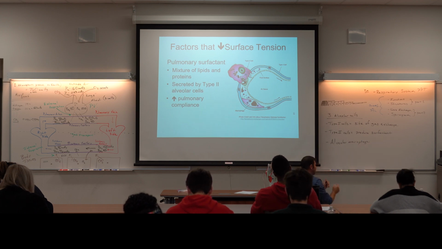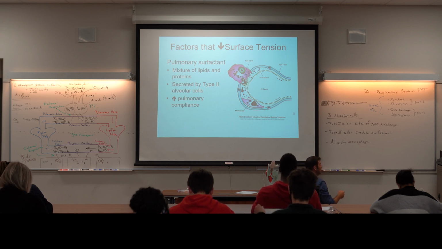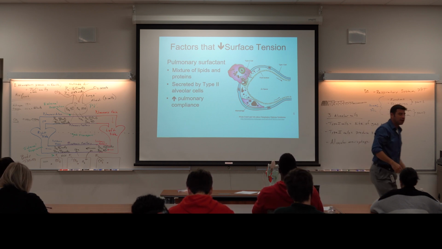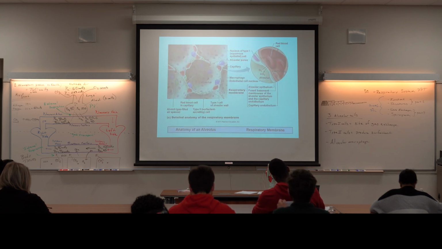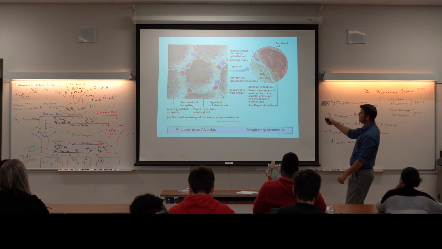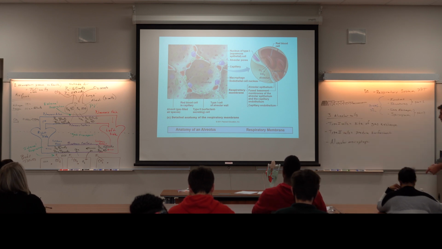This alveolar macrophage just clears the surface of any kind of debris. I'll go back to this slide. So there are those alveolar macrophages just roaming the surface of the alveolus. They're not inside the bloodstream, so they're still considered an external defense when we were thinking about the immune system.